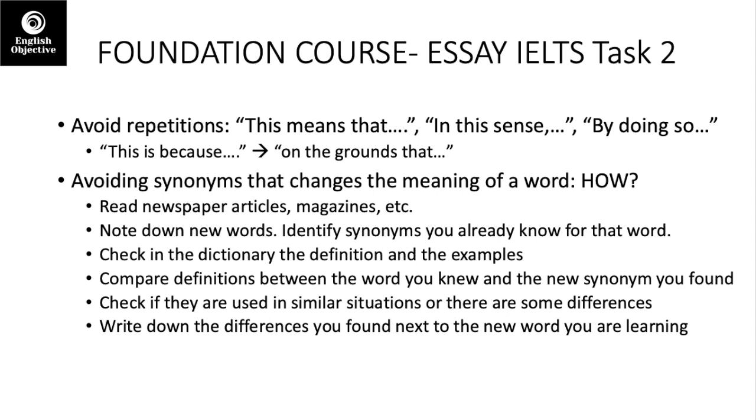For example, instead of starting a new sentence after the topic sentence in the paragraph and saying "this is because", just try to join both sentences together with "on the grounds that", which has the same meaning as "this is because". For example, many people object to smoking.